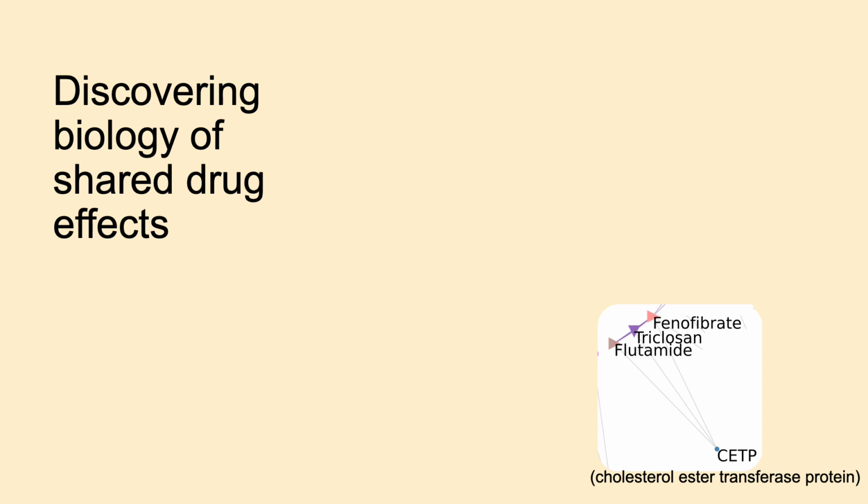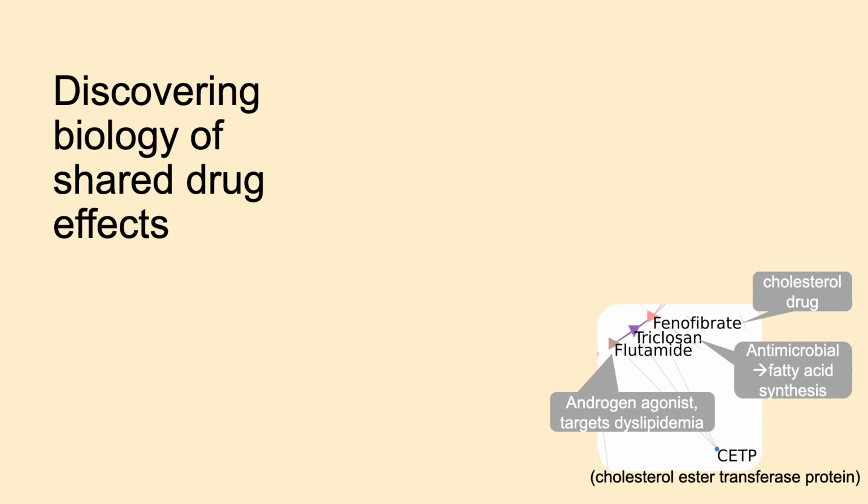So among these drugs, fenofibrate is an actual cholesterol drug. Triclosan, on the other hand, is an antimicrobial, but it's actually known to act through its effects on fatty acid synthesis. And the third drug in this little group is flutamide, an androgen antagonist, but it also impacts dyslipidemia. So it is plausible that all of these drugs could have a shared effect on cholesterol metabolism.